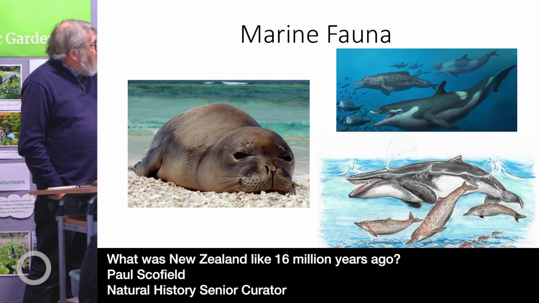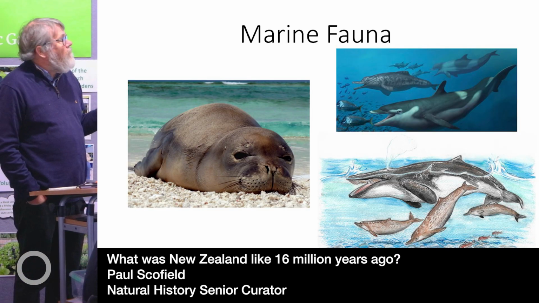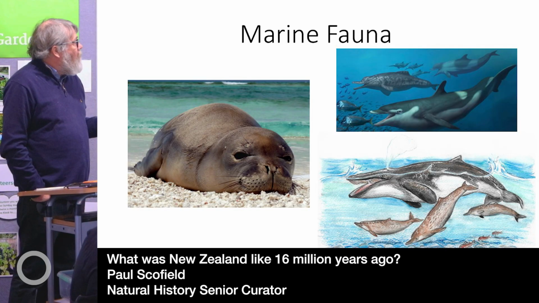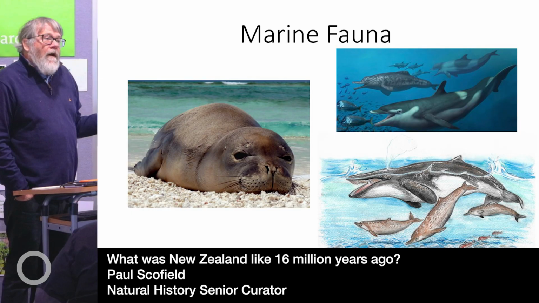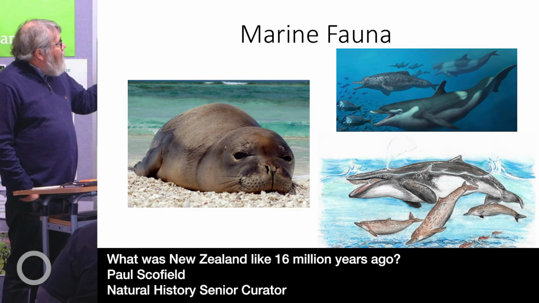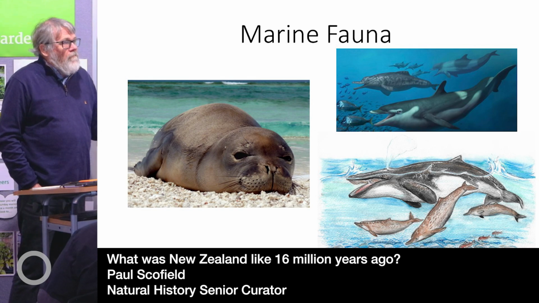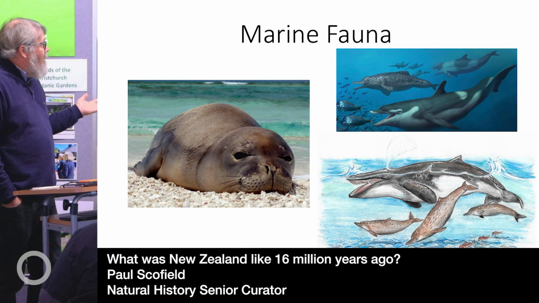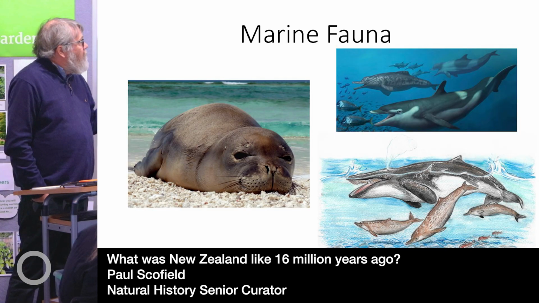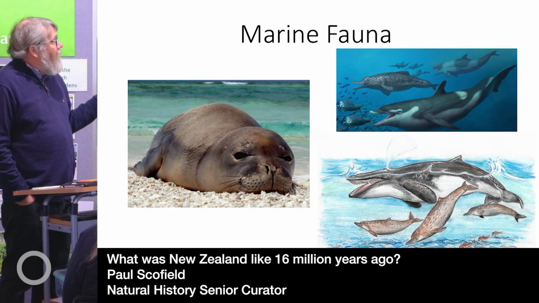We have a really rich dolphin fauna that has been found primarily from North Canterbury and from North Otago. A tiny group of dolphins, internationally extinct now, known as the Kentriodontids. We've got really incredible fossil evidence for the evolution of the baleen whales.